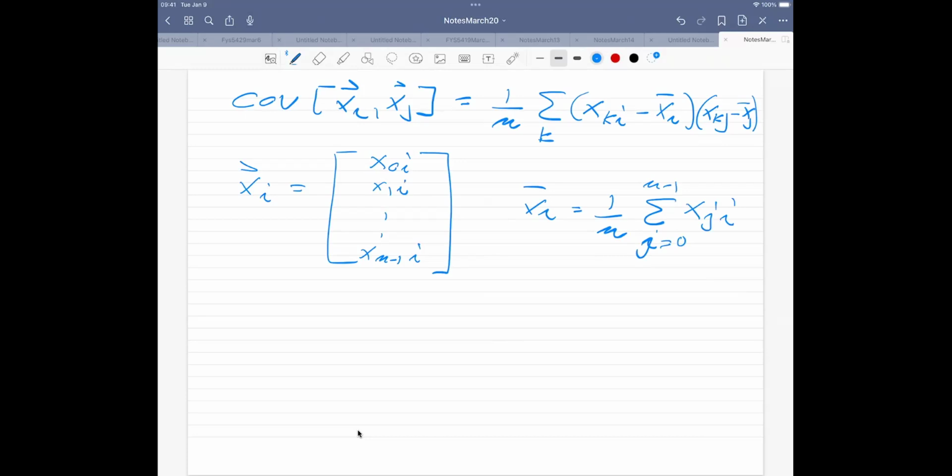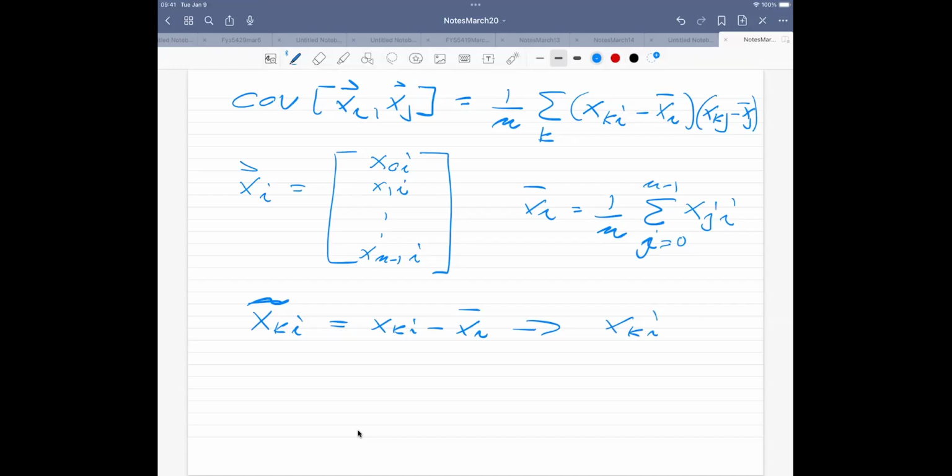And then what we did was to define a new element, xki tilde, as xki minus the mean value, and then we simply replace that one with xki here. So this is something which we called the centered element of that specific vector. And that simplifies the calculation of this covariance element.